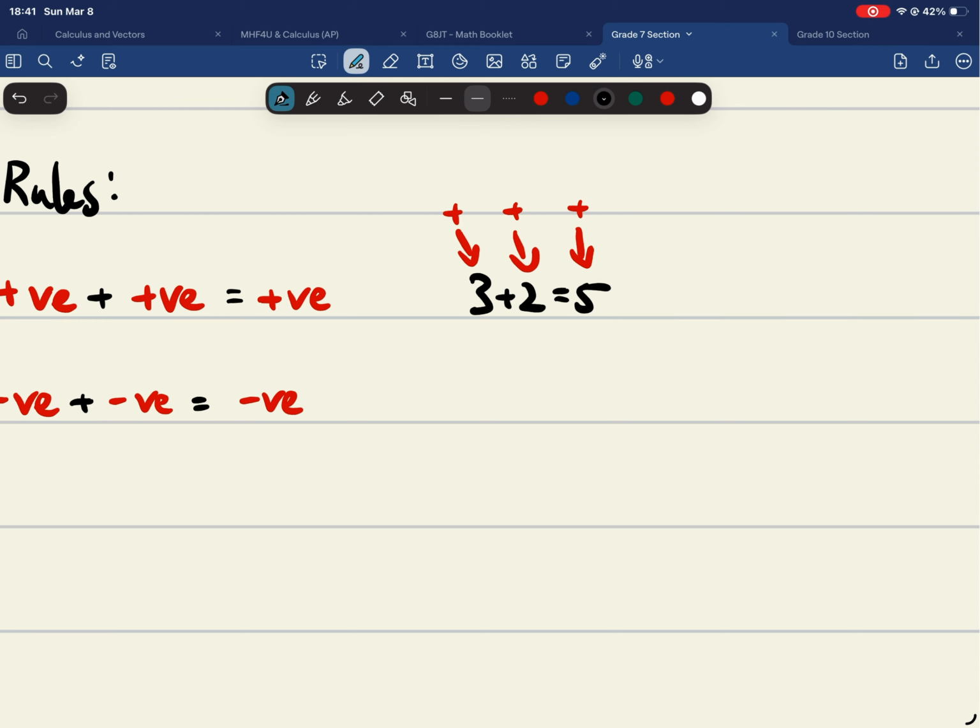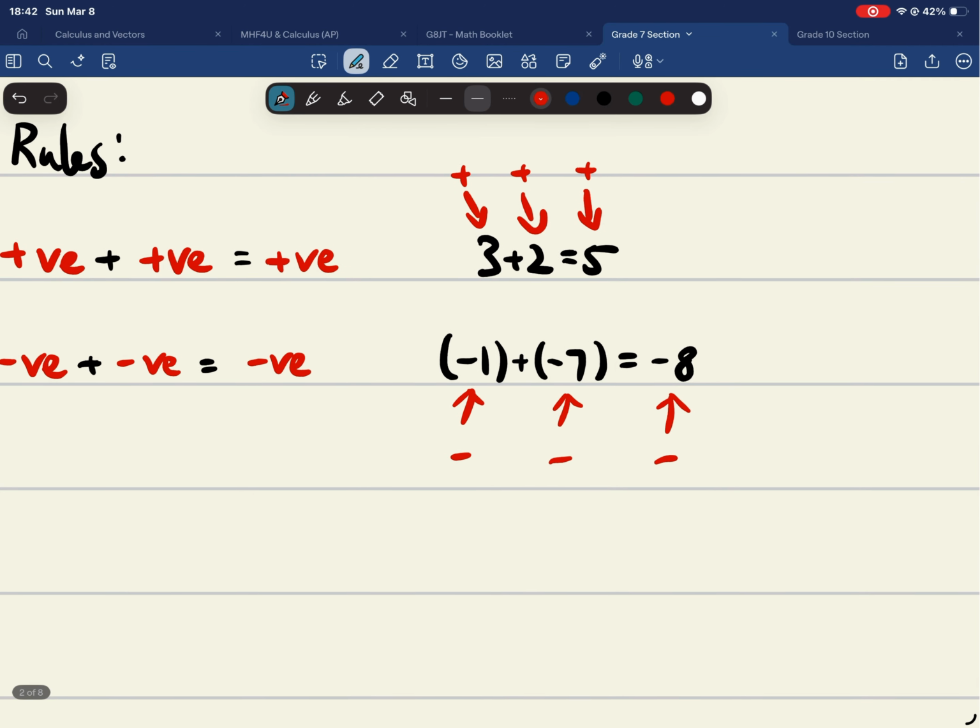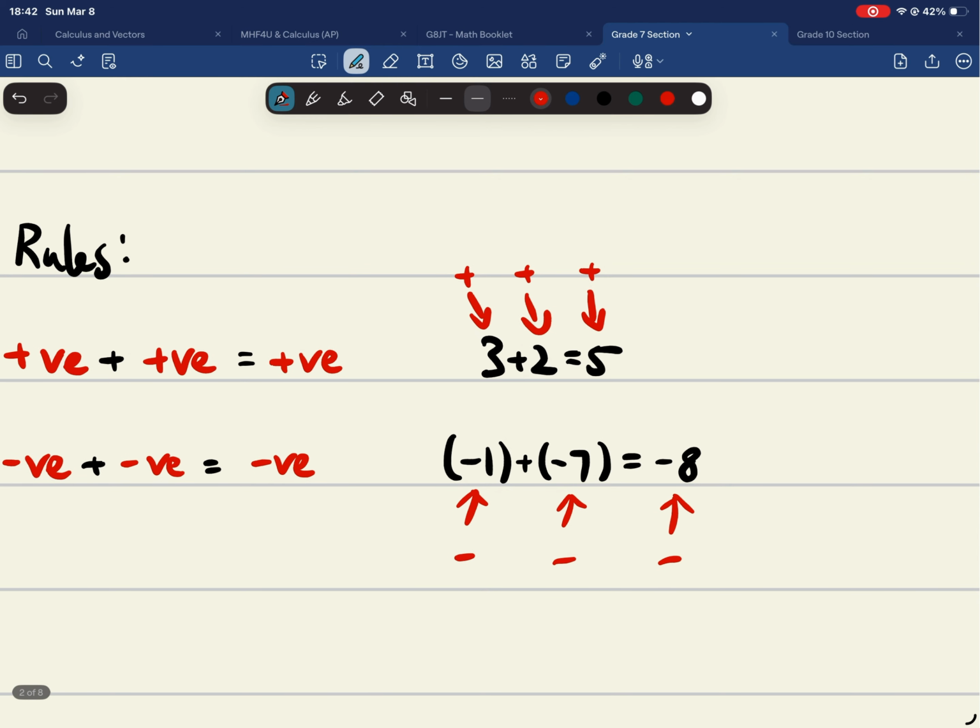But if we have negative 1 plus negative 7, this will equal negative 1 minus 7, and at last this will equal negative 8. That's why you can see this is negative, this is negative as well, and the final answer will be negative.